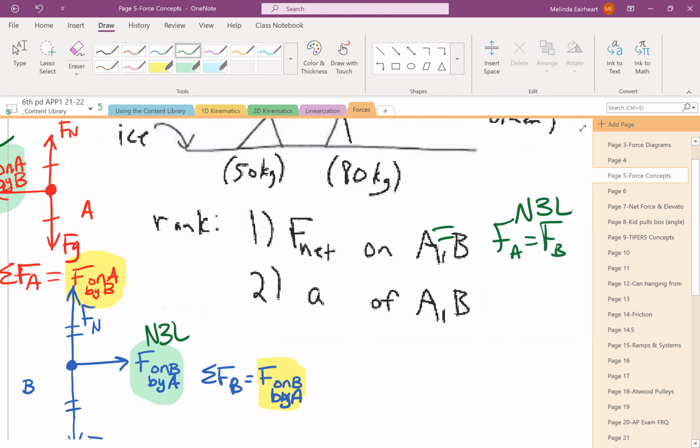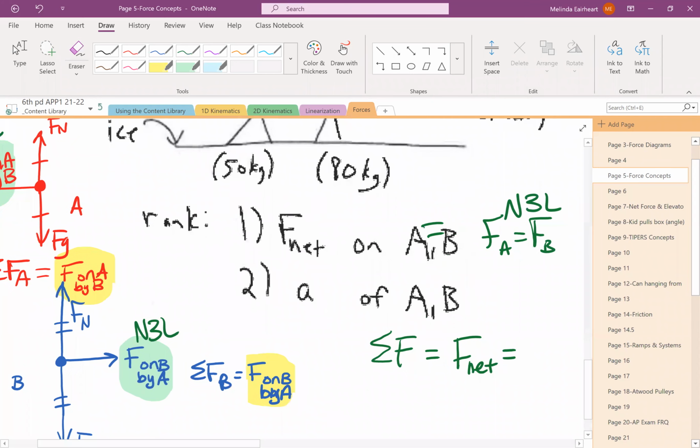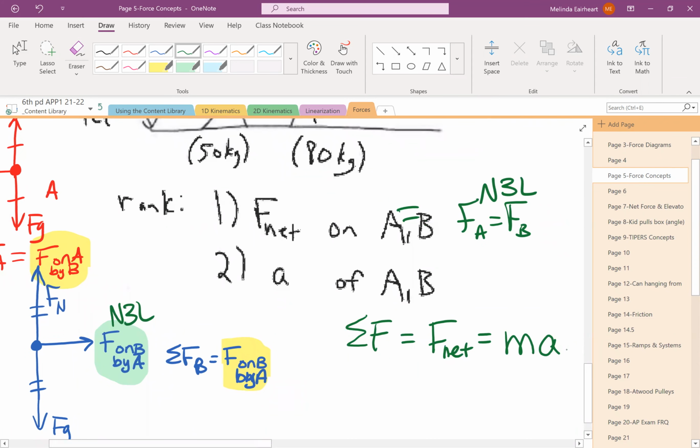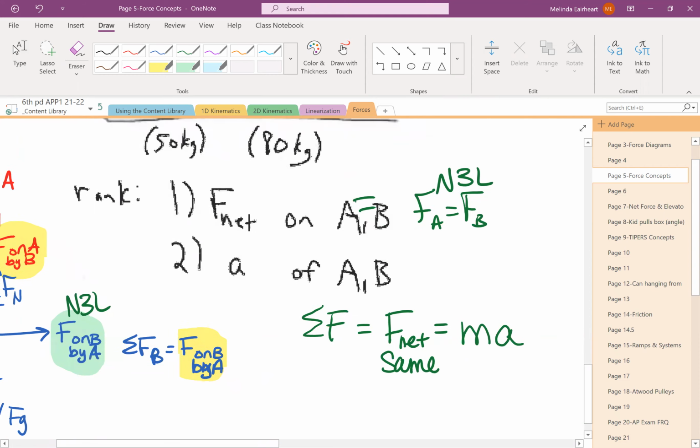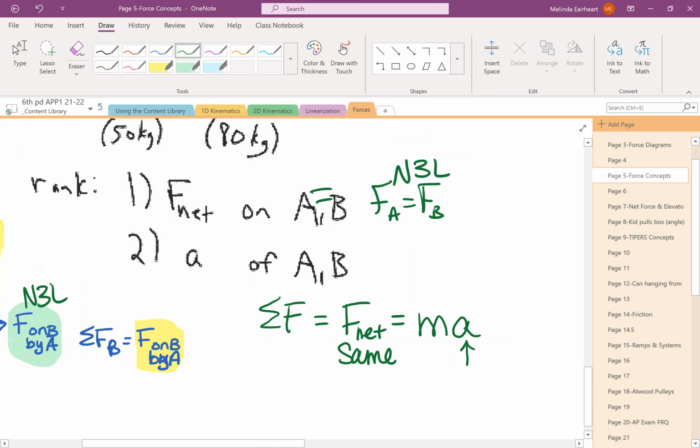Now, acceleration. Are they going to have the same acceleration? No. Specifically net force, whether you say sigma F or Fnet, either one is fine. You're summing the forces that don't balance out, right? Well, we only have those pushes. Fnet equals ma, mass times acceleration. If they have the same Fnet, who gets a greater acceleration?